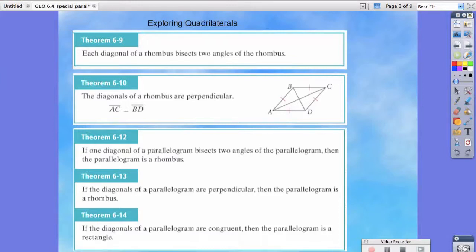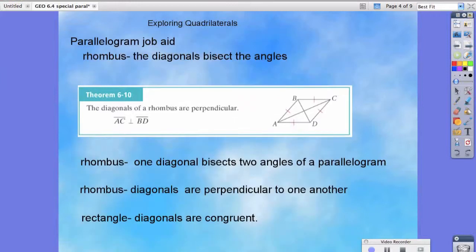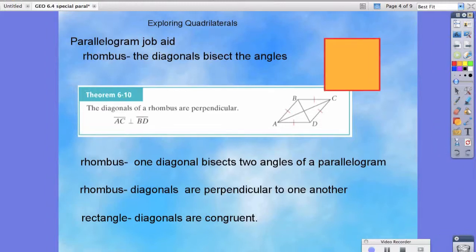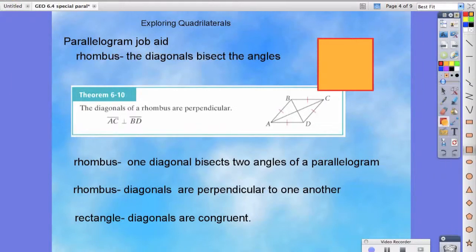So let's explain those really quick. So here's a quick help. In a rhombus the diagonals bisect the angles. So imagine if we had a rhombus, for example. It says the diagonals of this rhombus bisect the angles.